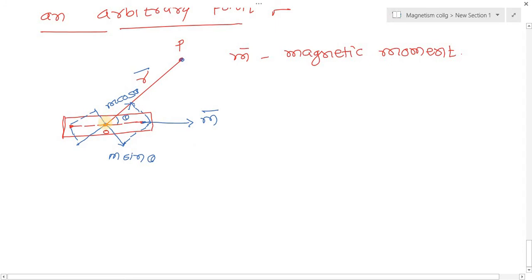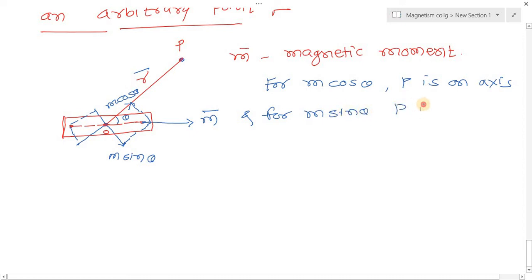So for m cos theta, P is on the axis, and for m sin theta, P is on the equator.